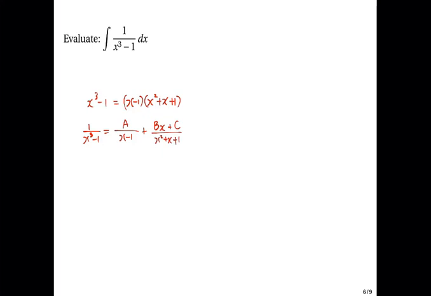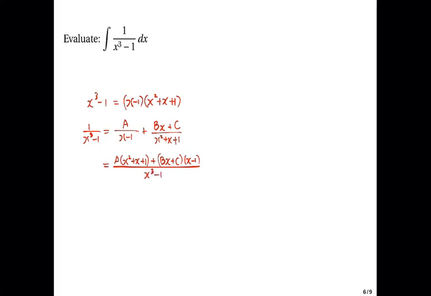And then as usual, we combine the right-hand side into a single rational expression. We write it as a times x squared plus x plus 1, plus bx plus c multiplied to x minus 1, and then we copy the denominator, which is x cubed minus 1.